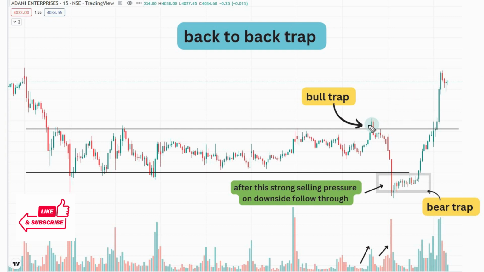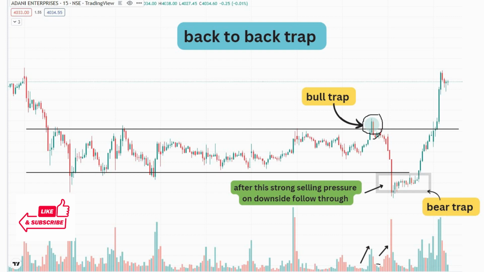But immediately after this strong buying, prices reversed. Then see the buying pressure and see the volume. After this strong buying momentum with increase in volume and immediate rejection, there is no buying pressure, low volume. So what is this indicating? That it was a bull trap setup.